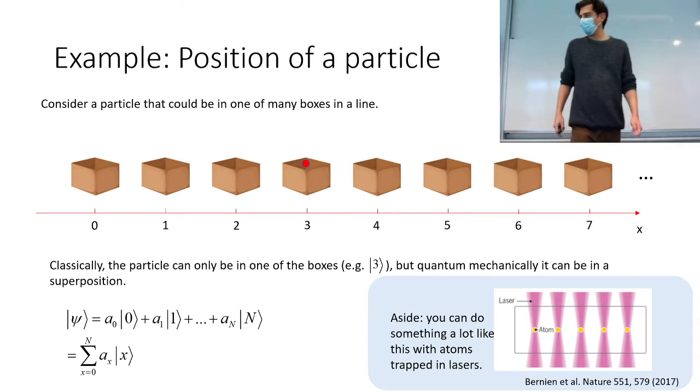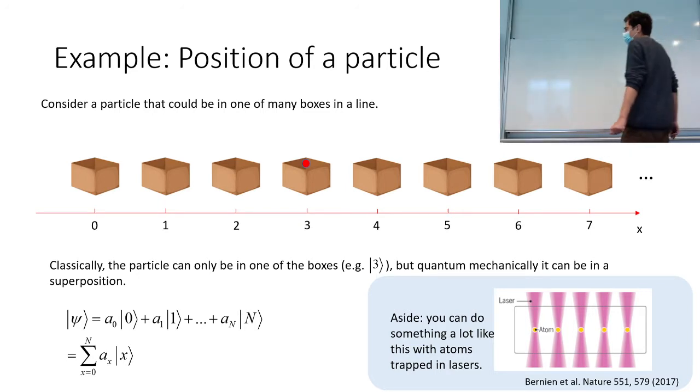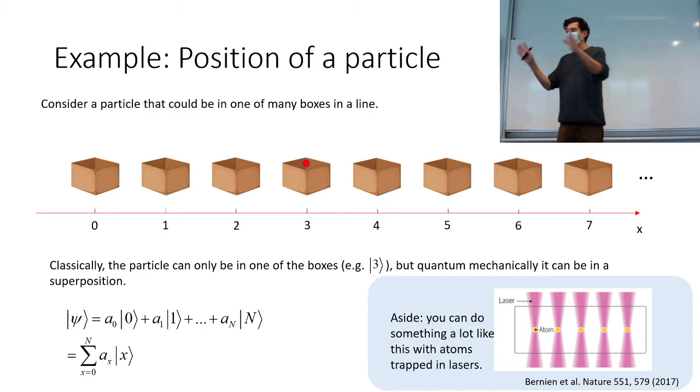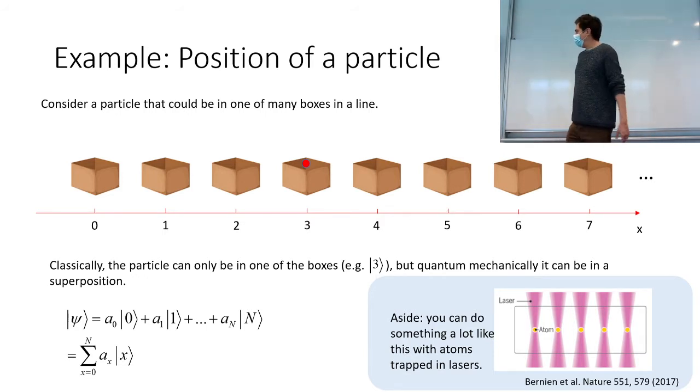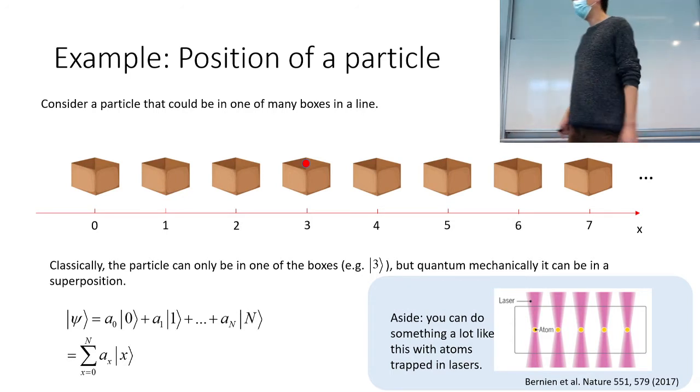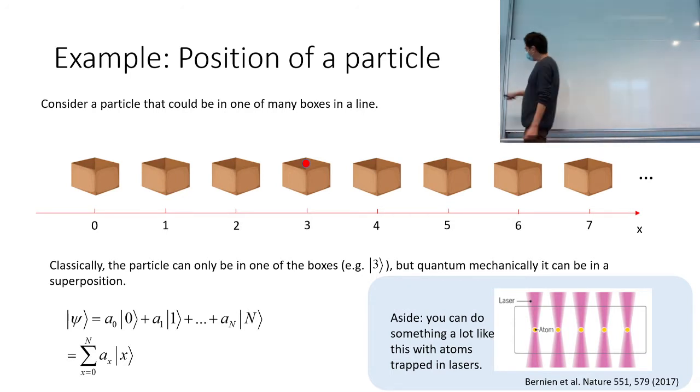How you might actually do it in reality would be that you can tightly focus laser beams, and if you put this whole thing in a vacuum chamber and you have a particular frequency of light, what you can arrange is that the atoms are attracted to this very highly intense light. So the atoms tend to want to sit over here.